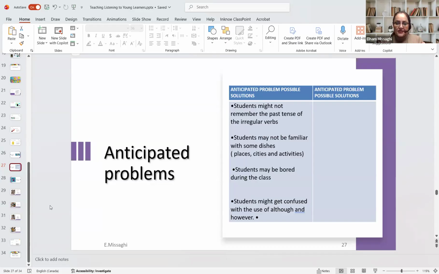So what I try to say, you don't want to lose a session, but you have to be wise enough to have another plan. If plan A doesn't work, you go for plan B. So always start to think about your class. Okay, what if this happened? We call it anticipated problems.